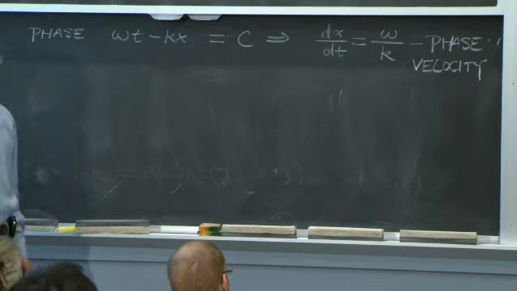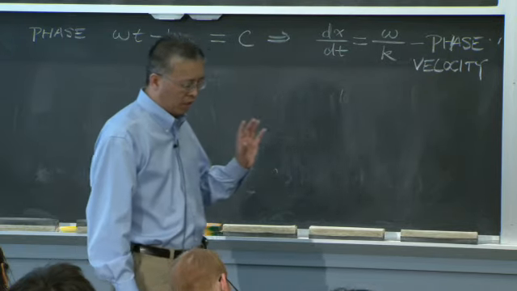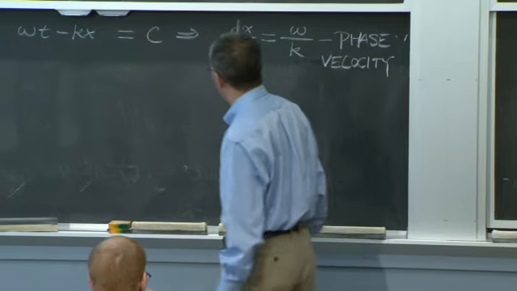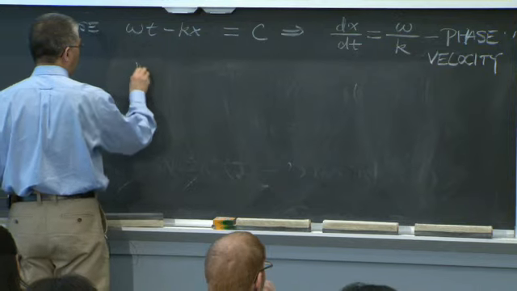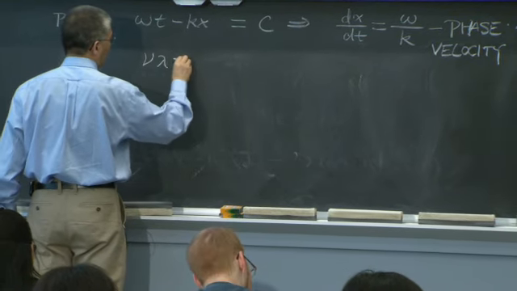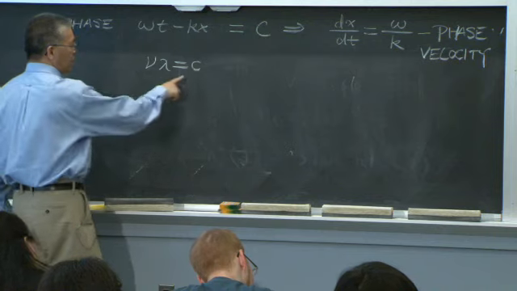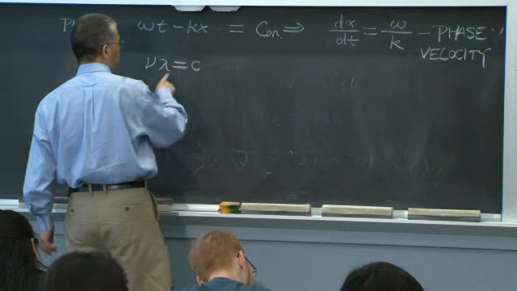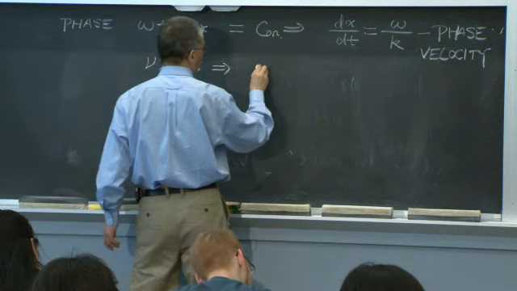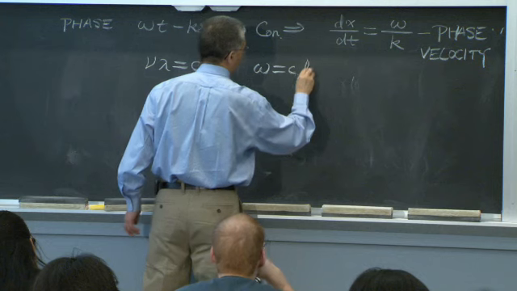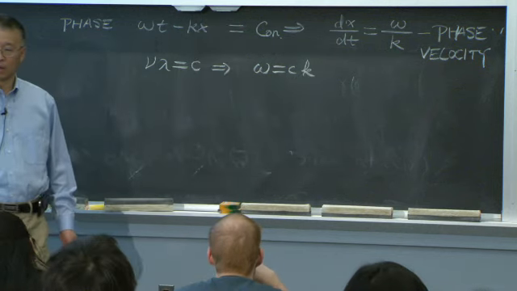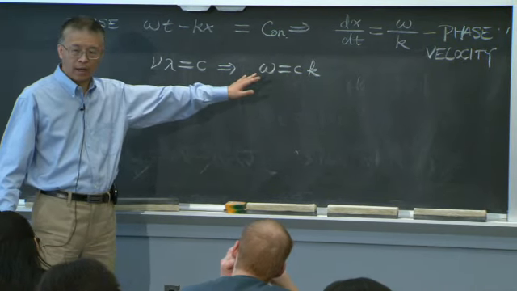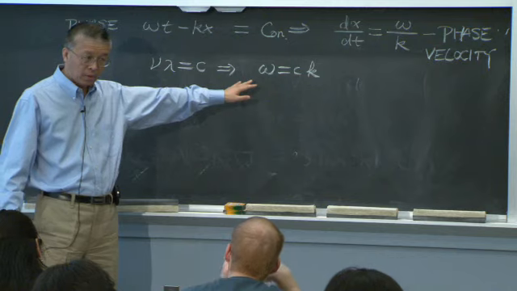Of course, the most common relation you're probably familiar with is light. For light in vacuum, we know frequency times wavelength is the speed of light. I use a small c, a constant. And so for the speed of light, we say omega equals ck. For light, it's a linear relation between omega and k in free space.